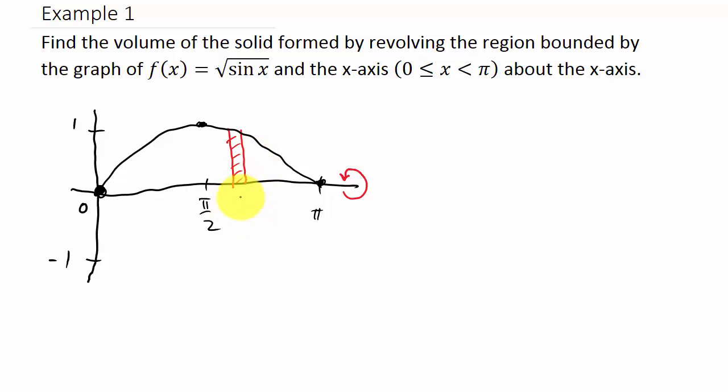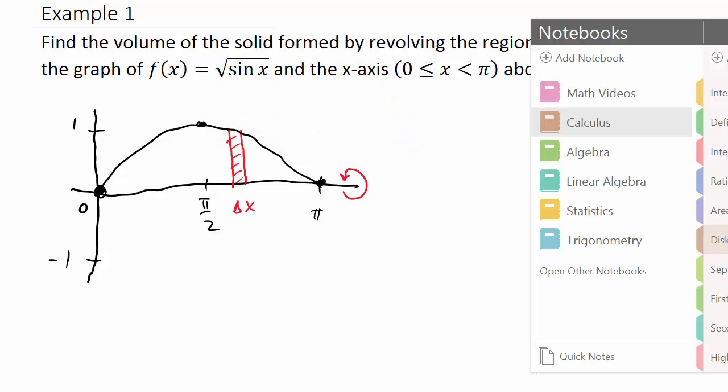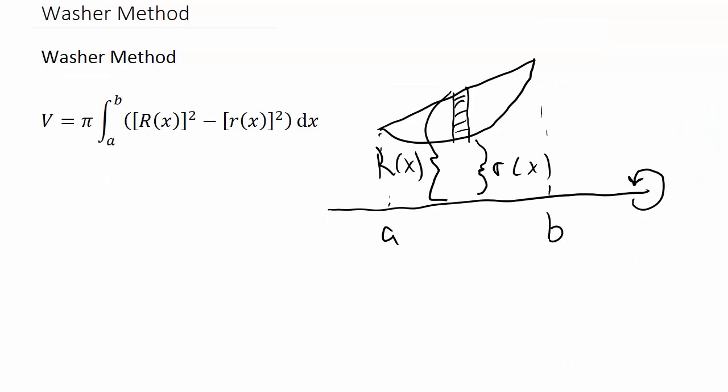The thickness of the rectangle is delta x, so that tells us we're going to integrate with respect to x. Now remember to set up our integral: it's the outer radius squared minus the inner radius squared, and that integral is multiplied by pi.